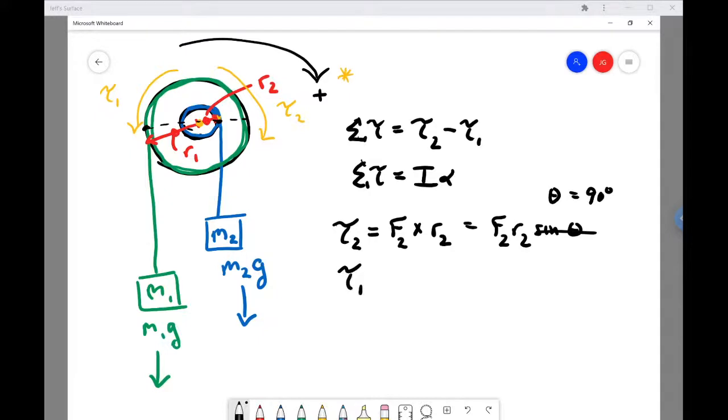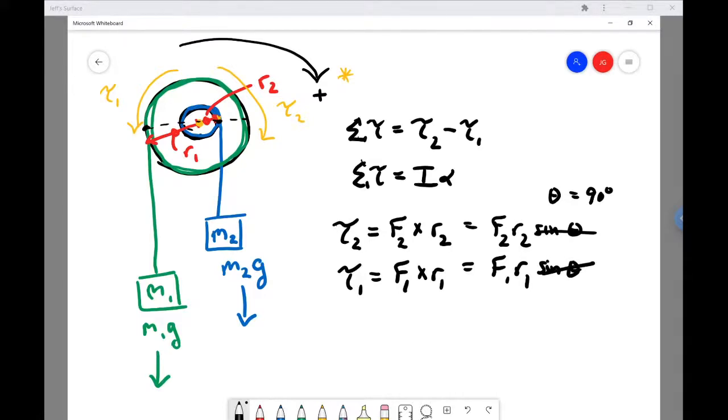Okay, and then the torque exerted by mass 1 is its weight crossed into R1, which is again 1.